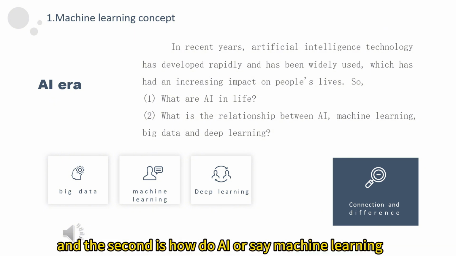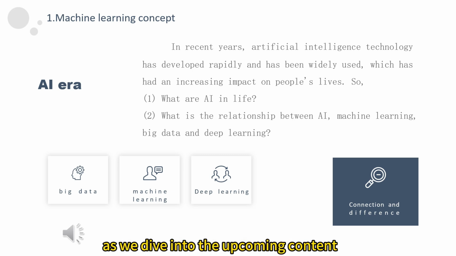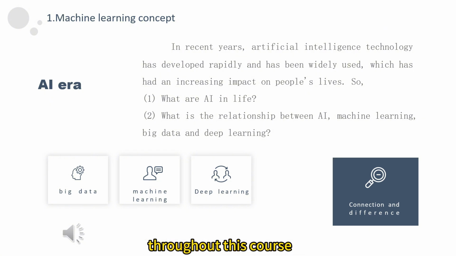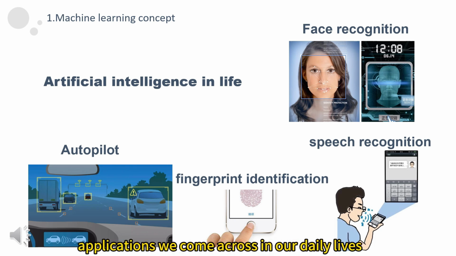And the second is how AI, or say machine learning, big data and deep learning relate to each other. As we dive into the upcoming content, I'll encourage you all to keep the two questions in mind throughout this course. So let's first move on to the AI applications we come across in our daily lives.